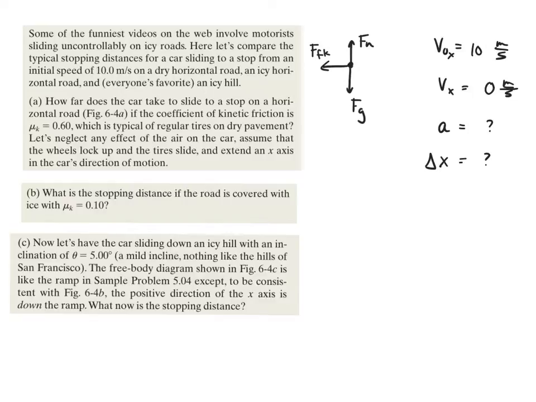This problem has nothing to do with time. You're going to notice that a lot of your force problems, time is not involved at all. So if you're going to use a kinematic equation somewhere along the way with forces, which is what we're about to do here, the kinematic equation is most likely going to be v squared equals v naught squared plus 2a delta x. Okay, just to give you a little idea here.